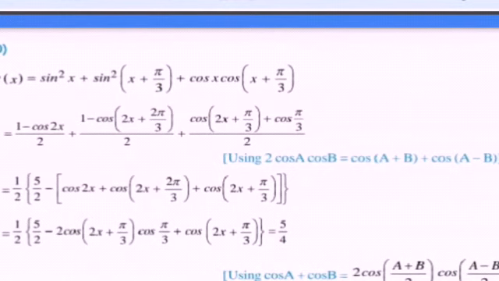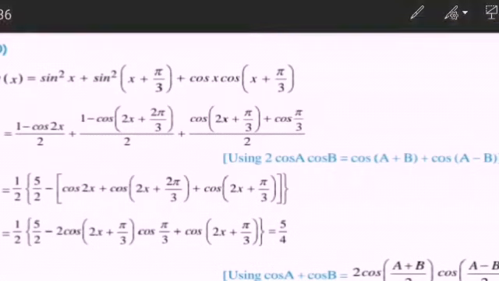You are using this formula, and for cos x cos (x plus pi by 3), I told you the 2 cos a cos b formula, cos (a plus b) plus cos (a minus b), you can use. Here cos pi by 3 is cos 60 degrees, which is 1 by 2, so from this you will get 1 by 4.